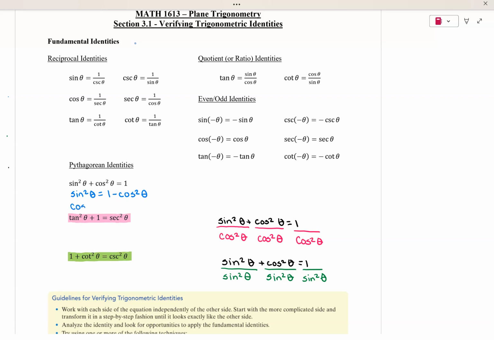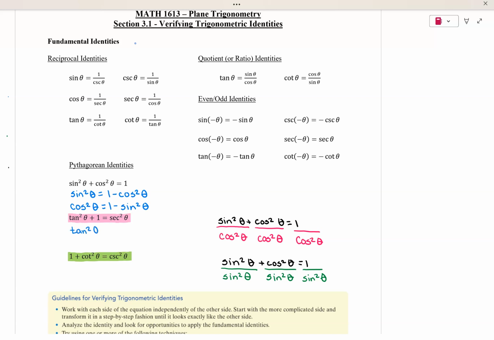If I want this to be solved for cosine squared, hopefully you said that I would have to subtract sine squared. So sine squared plus cosine squared equals 1 can be rewritten 2 more ways. Let's look at the next one. The next one already says secant squared is equal to tan squared plus 1, but let's see what else we can do.